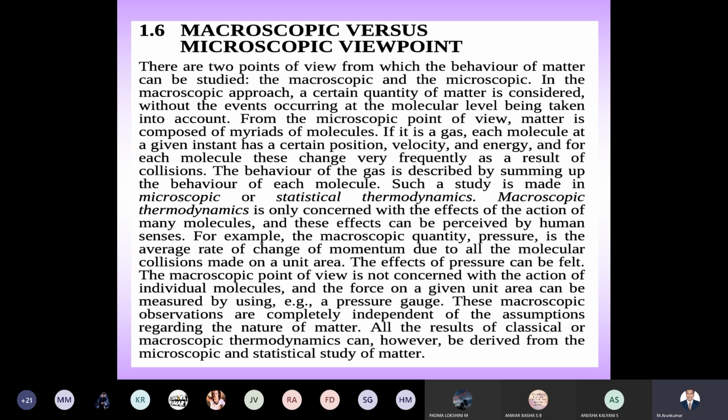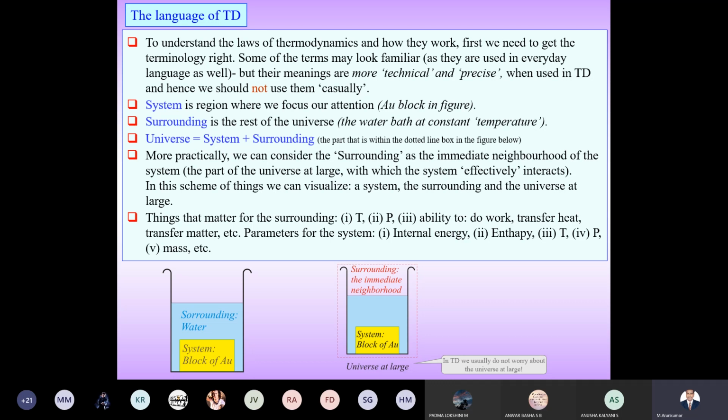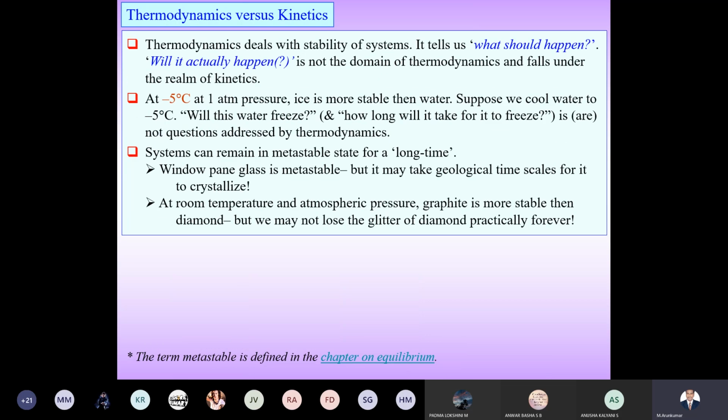Macroscopic means without consideration of molecules. In the microscopic view, we consider the changes happening at the molecular level. But in the macroscopic view, we consider all the molecules as an object or a system.